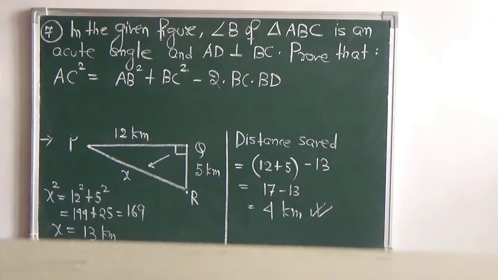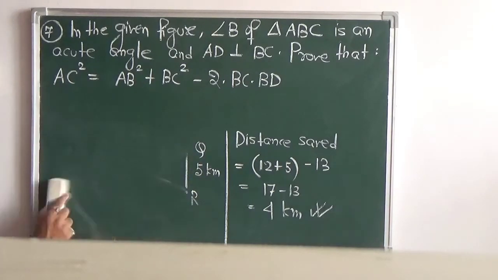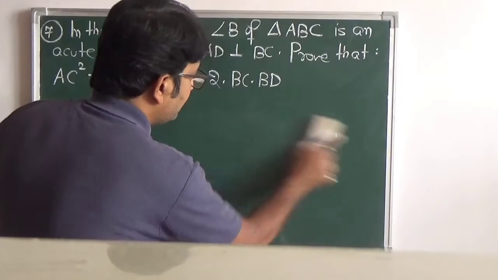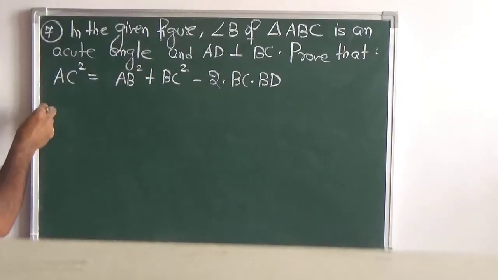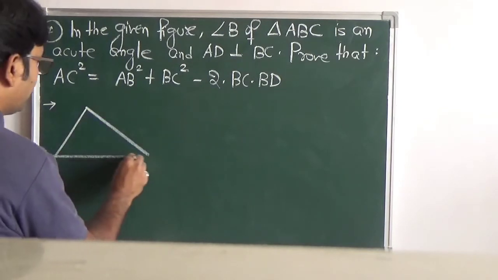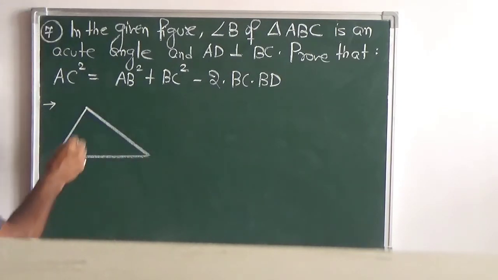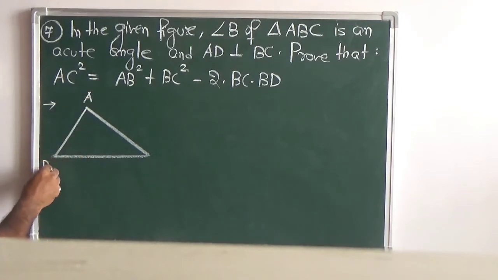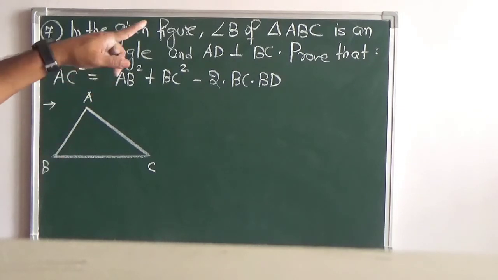Let us first draw the diagram here. The diagram given is like this. Triangle ABC, this is A, B and C. Angle B of triangle ABC is an acute angle, and AD is perpendicular to BC.